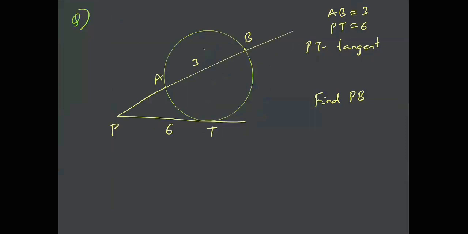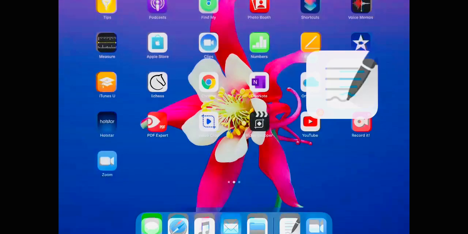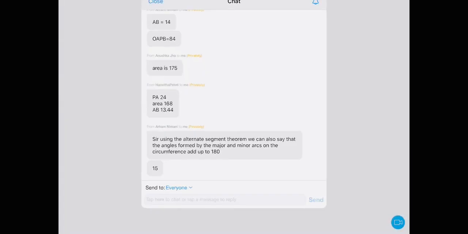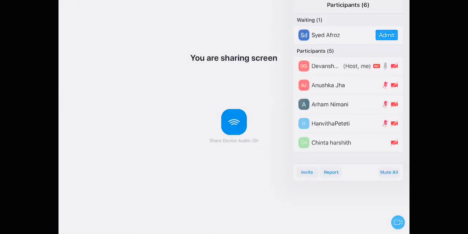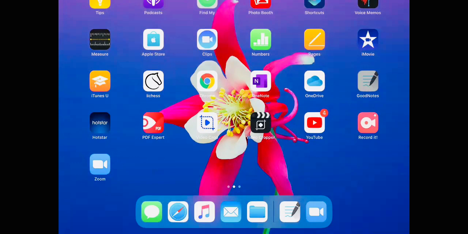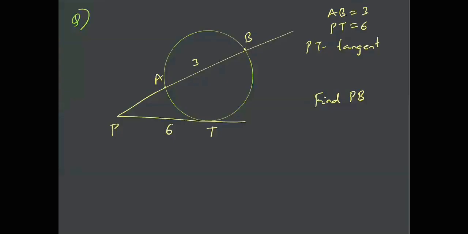Directly you need to put the values in the formula. PA into PB is equal to PT square. So PA into PB is nothing but PT square.